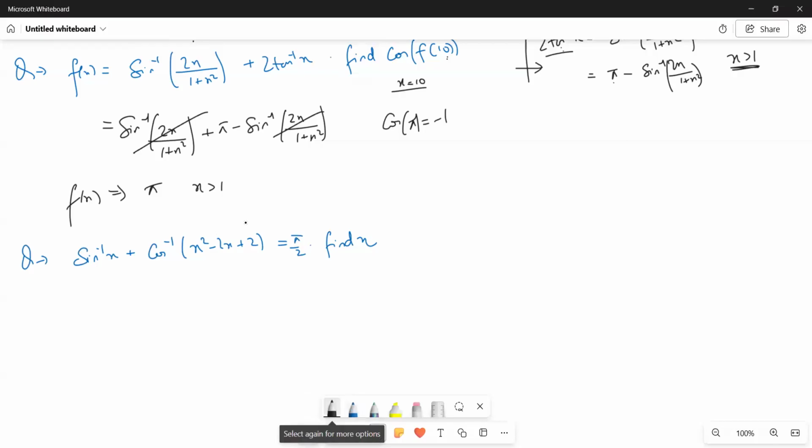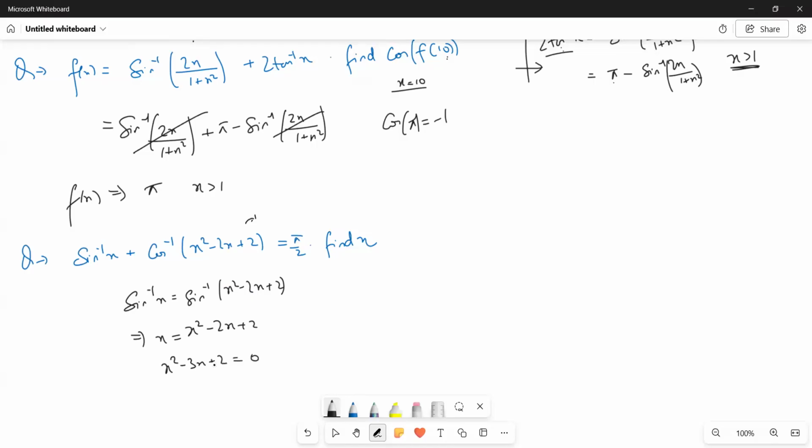So we'll do it in the same way as we did in class. Put cos inverse on the other side, so pi by 2 minus cos inverse would be like writing sin inverse x is sin inverse of x square minus 2x plus 2, which implies x must be equal to x square minus 2x plus 2. So x square minus 3x plus 2 is equal to 0.